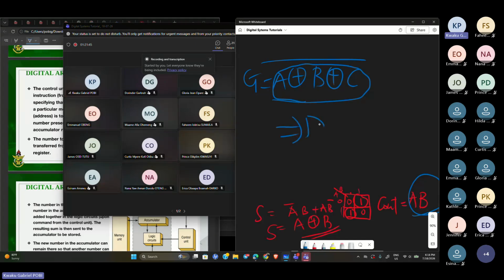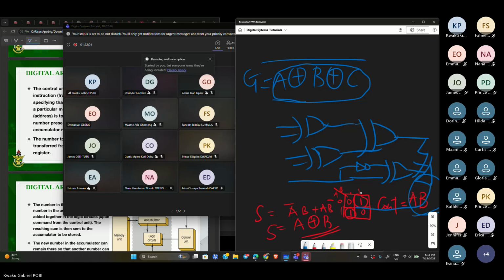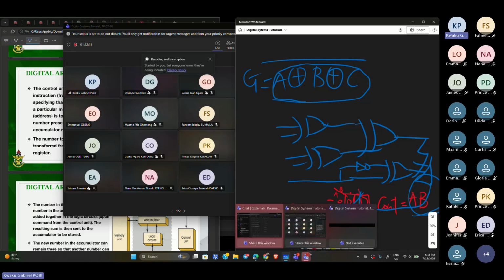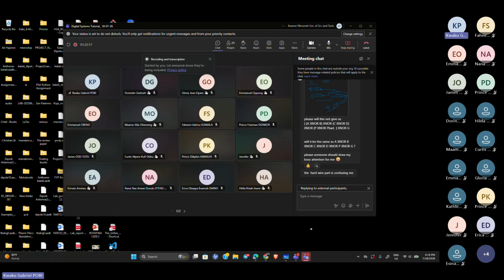So it should be XORs, XOR this with this, another XOR. Then this goes through another XOR like this. Then the output is NOTed, basically. So you XOR all of them, then you bar the overall output. I think I've answered your question. So it's supposed to be like this, not XNOR, XNOR, XNOR.